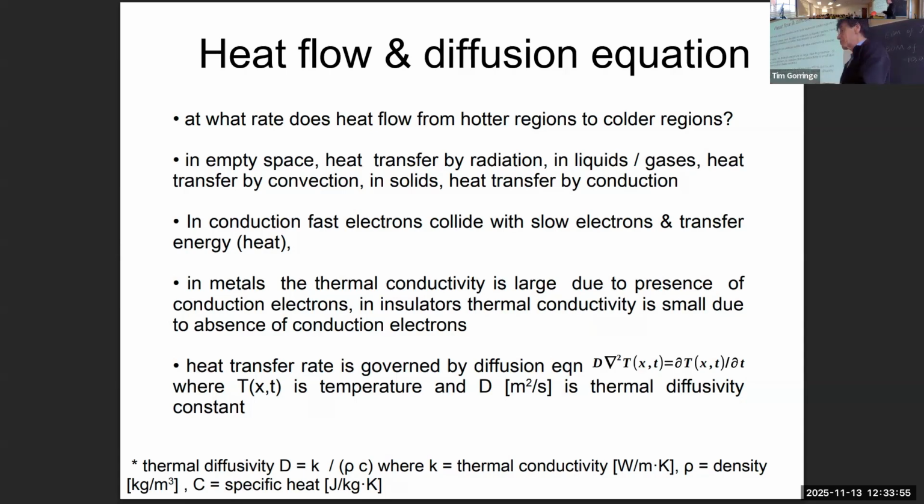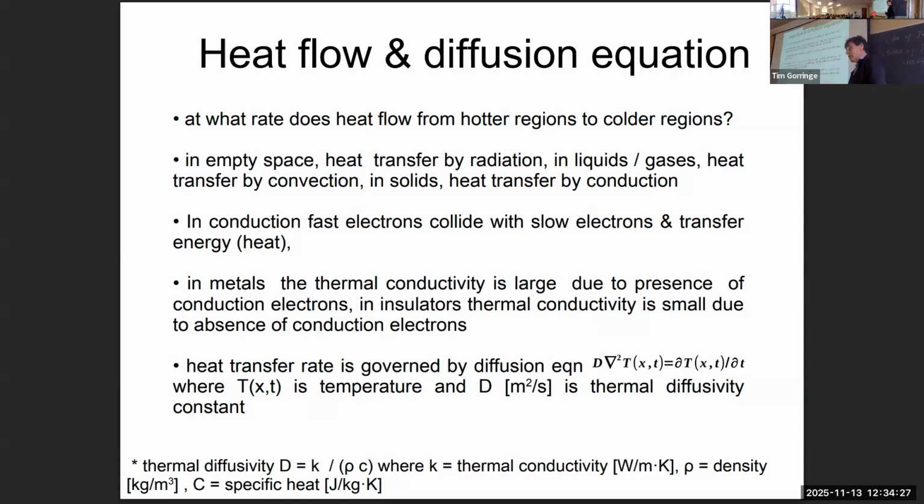And then in solids, heat flow is predominantly by conduction. It's by the collisions of electrons in the solid with other electrons, higher energy electrons where it's hotter colliding with cooler, lower energy electrons where it's cooler, transferring energy from the region of higher temperature to the region of lower temperature. So that's conduction.